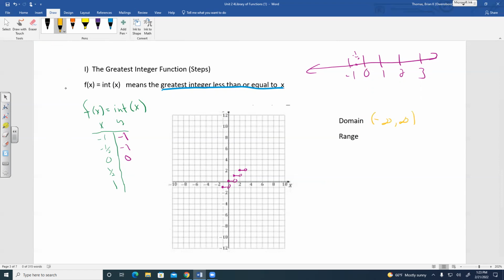The range, on the other hand, is not really going to be an interval per se, as much as it's going to be integers. So it's going to be the set of y's such that y is an element of Z, where Z stands for integers.